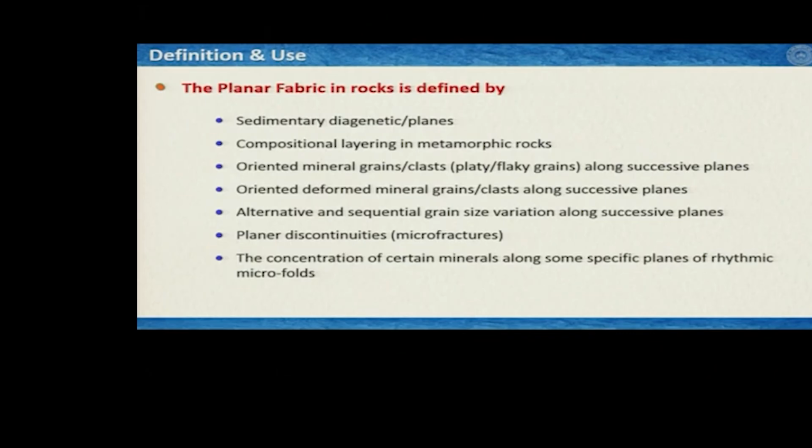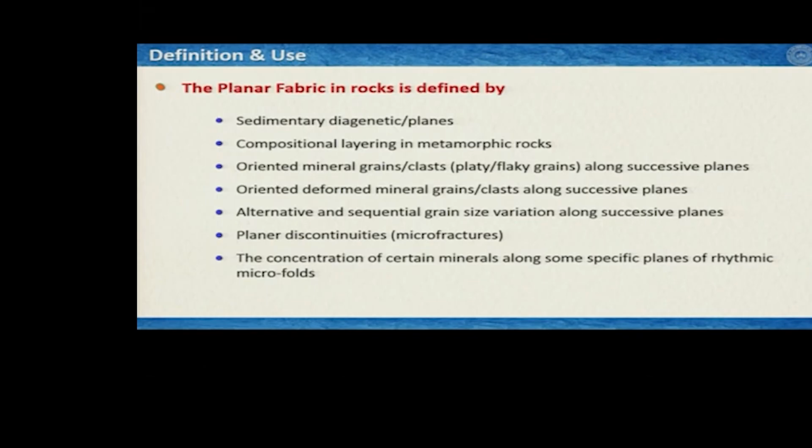If we have oriented mineral grains or clasts, maybe platy or flaky grains along successive planes in the rock, that defines the planar fabric. Similarly, oriented deformed mineral grains or clasts along successive planes in the rock also define the planar fabric.